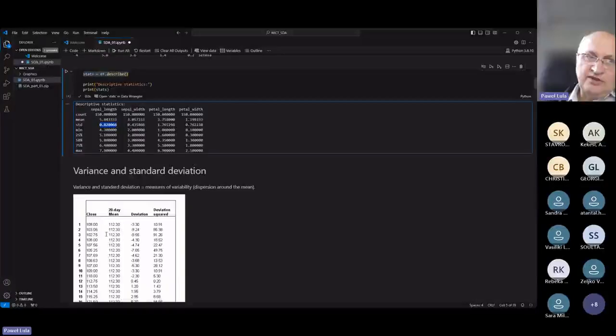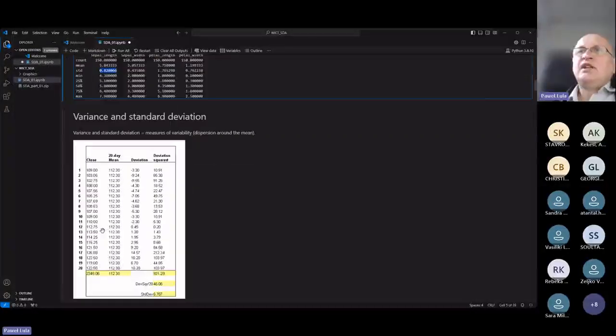How to interpret it and how to calculate it. Here I have a very, very simple example. We have a variable in this first column, and we have values for 20 objects. These values which we have in this first column.